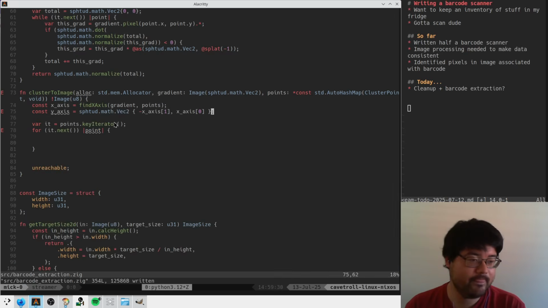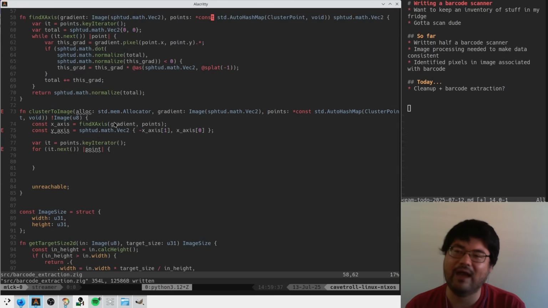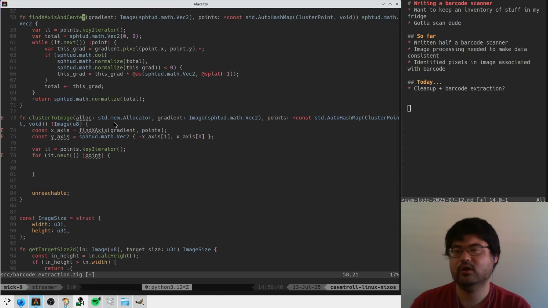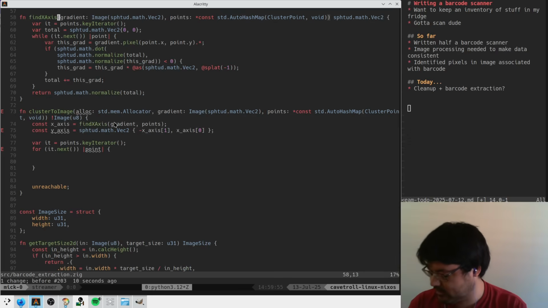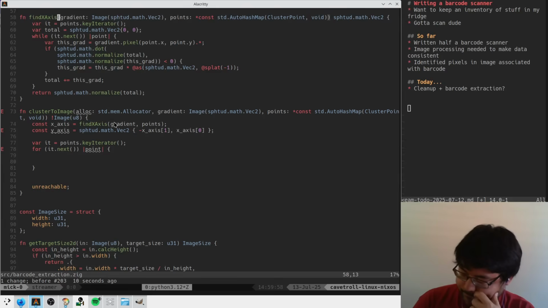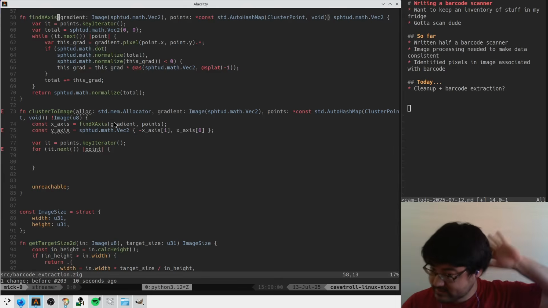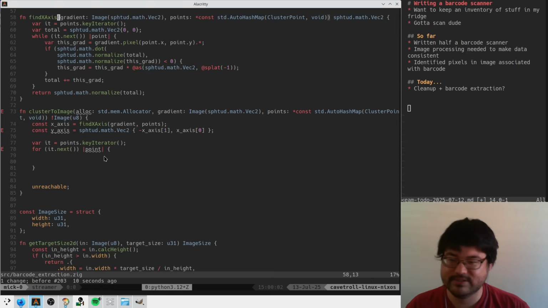You already have the center position? Oh yeah, I guess because we have to do an iteration to find the x-axis, we might as well find the center of the box here. I agree. Find x-axis and center. Not sure I agree. Because that's center of mass, which is different than bounding box center. Yeah, not convinced. We'll try this and we'll see what happens.